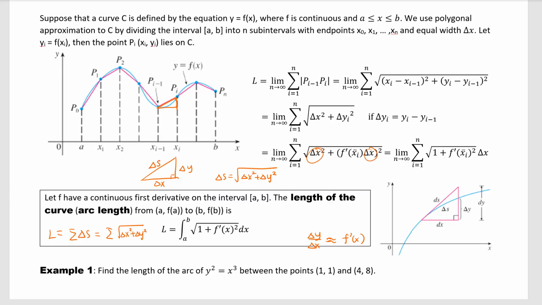When you move it outside of the square root, we only have change of x outside, and inside it becomes 1 plus f prime of x squared. So this is exactly this formula when n goes to infinity.